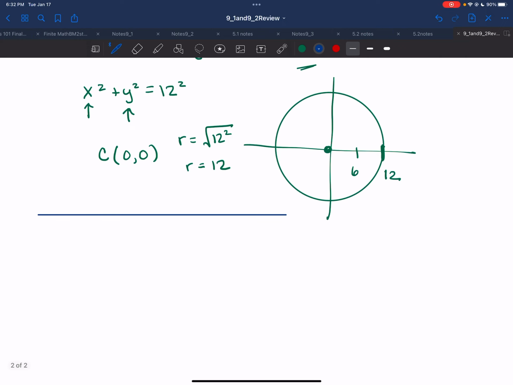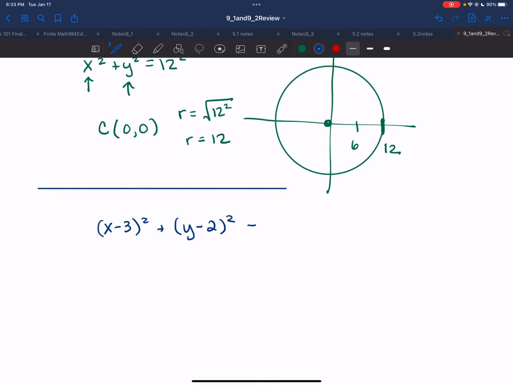If you have a shift, so let's say we have x minus 3 squared plus y minus 2 squared equals 9, right? So if I wanted to draw this circle, this minus 3 here tells me that my center is located at 3 and at 2.